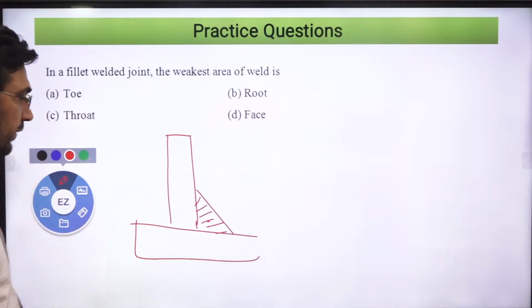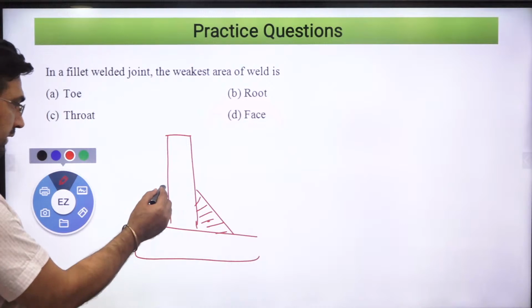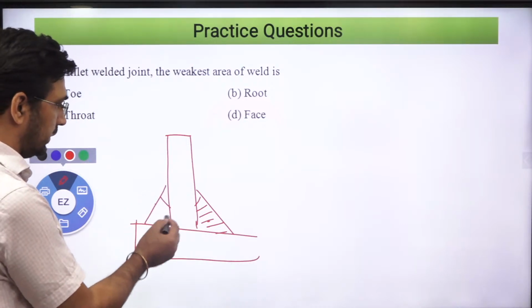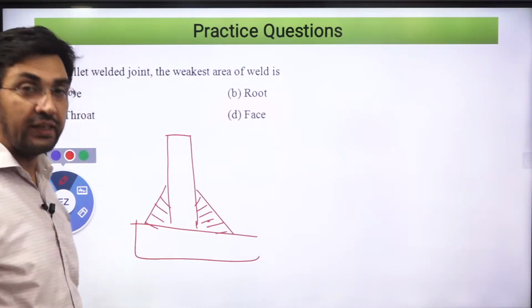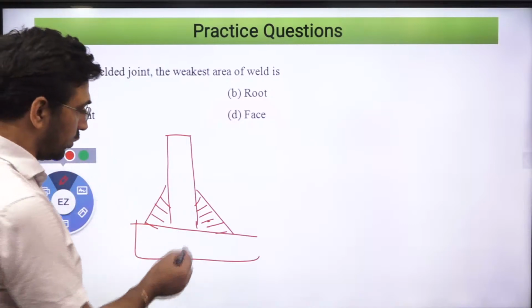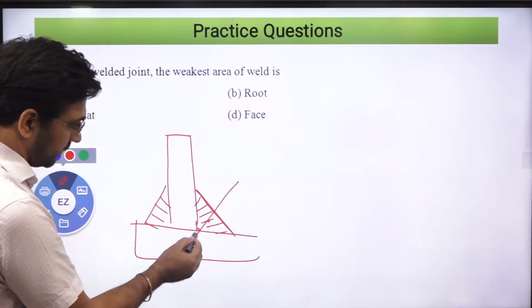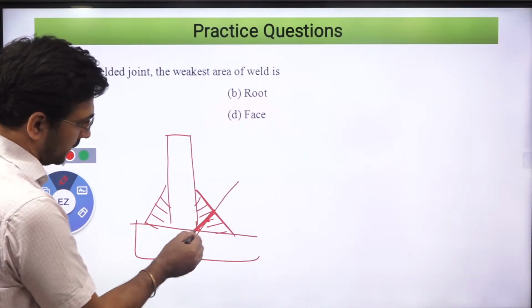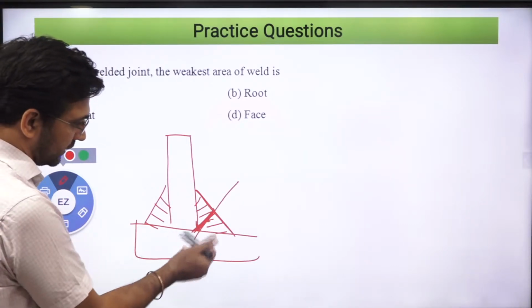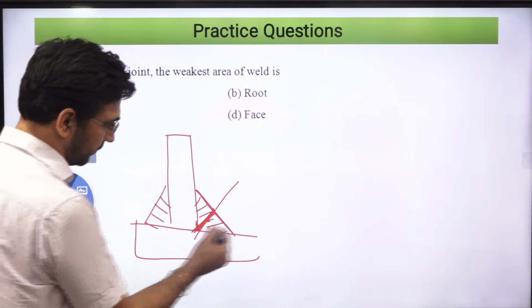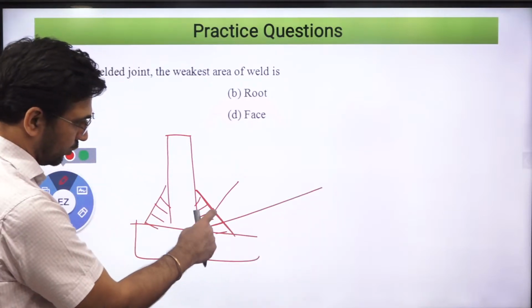And when we talk about the fillet weld, even if it is on that side also, the weakest area or the weakest section is the throat section, which is when I drop a perpendicular from here to this particular one. This section is the smallest section you can think of. Other sections are going to be larger. Let's say, for example, if I take this one, this length will be more than this.